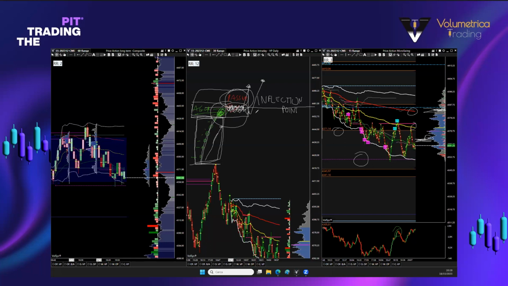In this case, if such a dynamic would happen, we will see the area being broken through and a strong aggressiveness by buyers keeping on moving the price up. In this case, can we say that we had an absorption here?